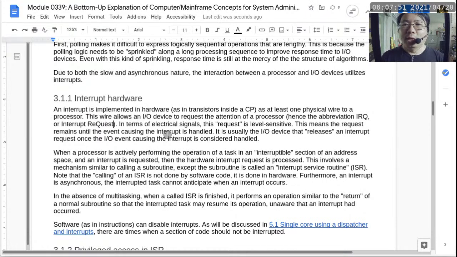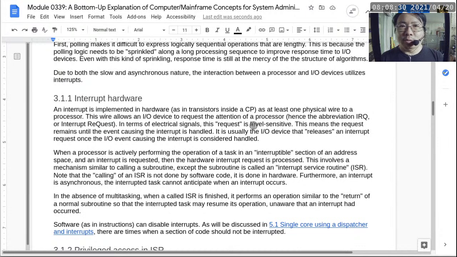So inside the processor, in terms of the hardware, like what you can actually see, including the pins outside of the processor chip, an interrupt is usually implemented by at least one wire or one lead out of the processor. Typically it is what we call an active low signal, which means when the voltage of that line is low, then it is quote-unquote active, which in this context means the device wants attention from the processor.